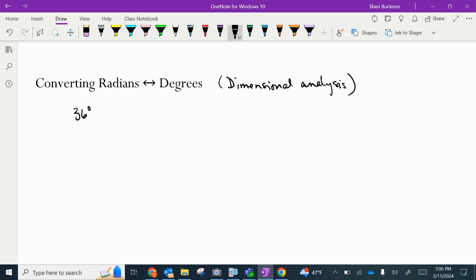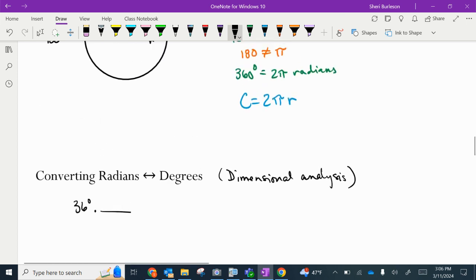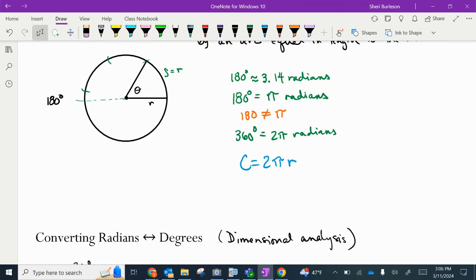With dimensional analysis, I am going to be multiplying by a form of 1. 12 inches over 1 foot, right? The units of measure that I know are equal to each other are 180 degrees and pi radians. So if I divide 180 degrees by pi radians, what am I going to get? 1. They're equal measurements, aren't they?